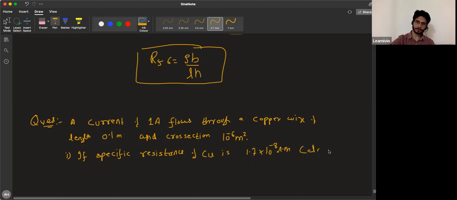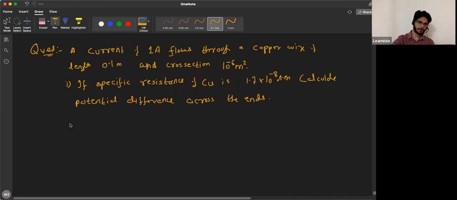Calculate, first part: potential difference across the ends. Second part: current density in the wire.